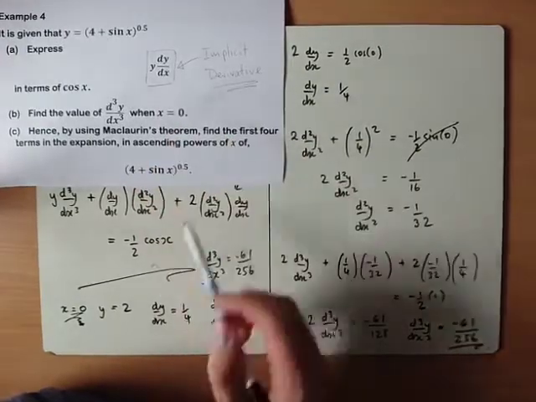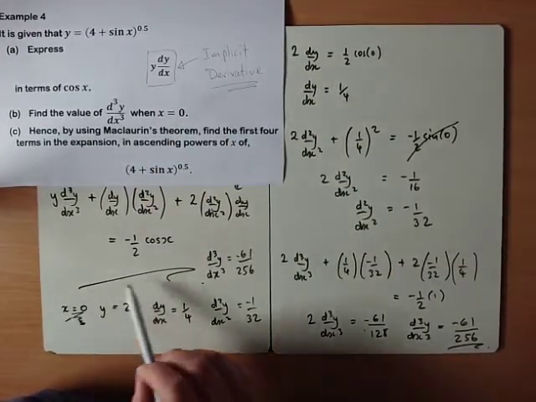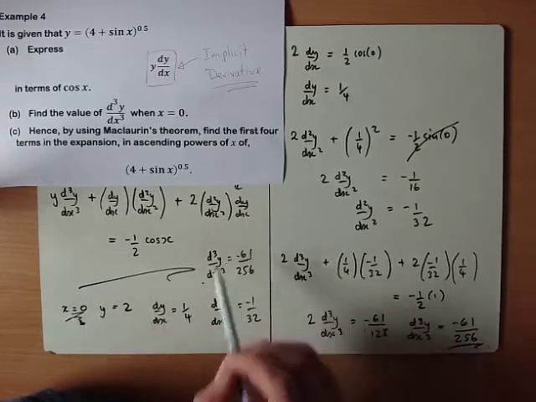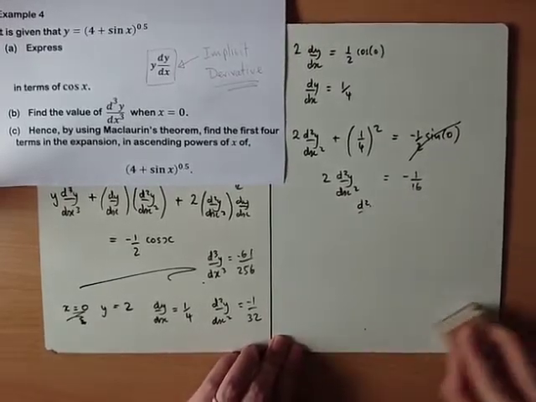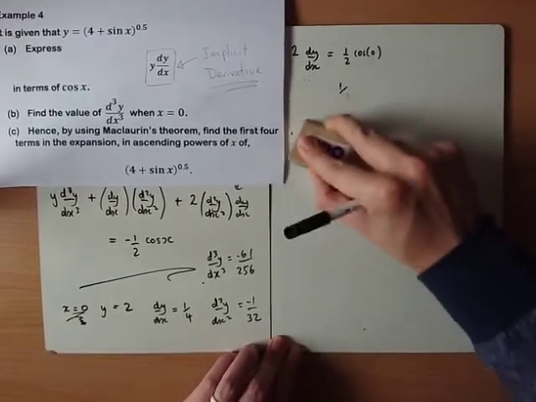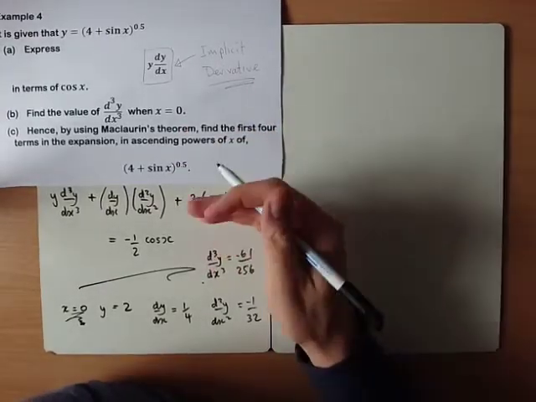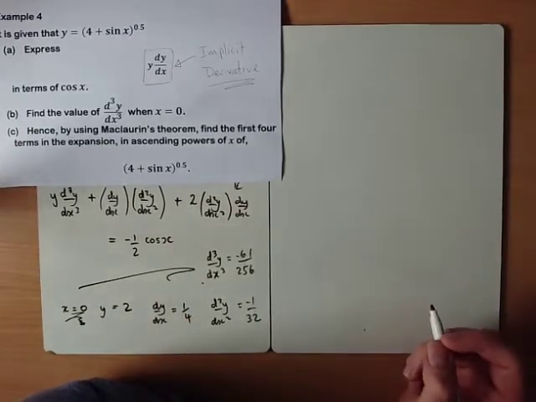And we've done all the work for this. We've got our f of 0, our f dash of 0, our f double dash of 0, our f triple dash of 0. So we can now write relatively quickly the series expansion, because by doing it implicitly, we've had to figure out what all of the values for all of the derivatives are up to that point.